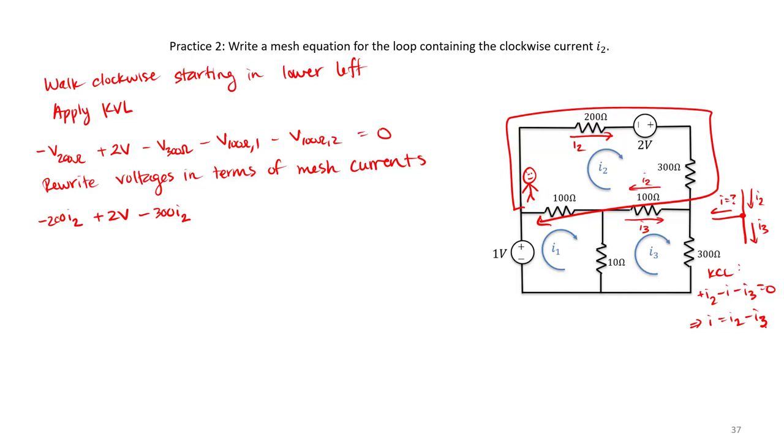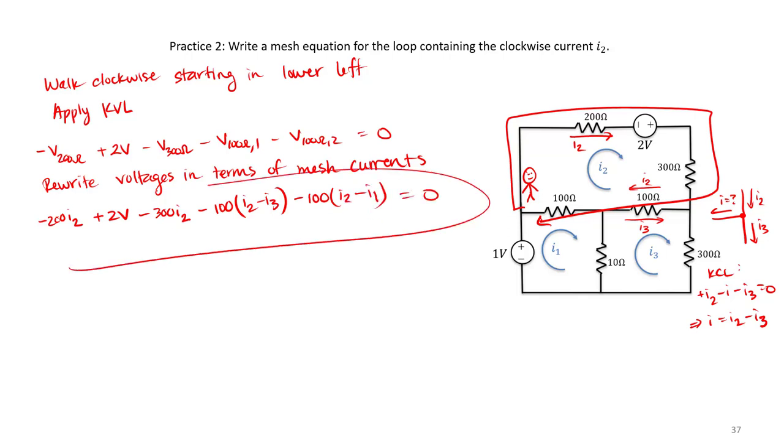So when in doubt, you can apply Kirchhoff's current law to help. In this case, that will give us 100 ohms times I2 minus I3 for our first 100 ohm resistor's voltage. And the second 100 ohm resistor's voltage will be 100 times I2 minus I1. And that will give us our completed mesh equation.